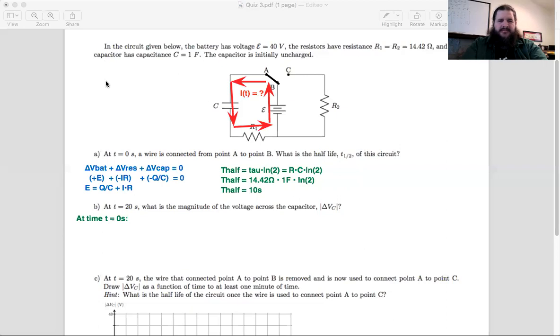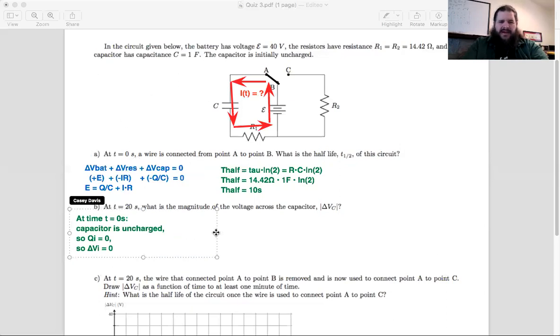That it's uncharged. Right. If the capacitor is initially uncharged, so Q initial is 0. And if you plug in 0 for Q in the delta V capacitor formula, you just get 0 volts. So delta V initial is 0. The capacitor starts with no voltage at all.